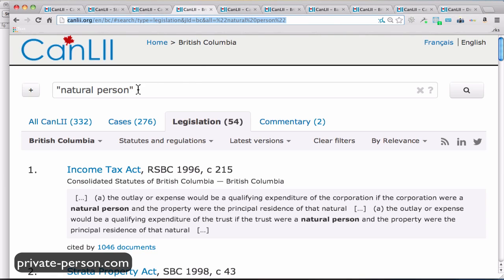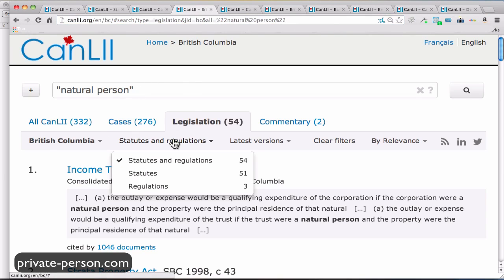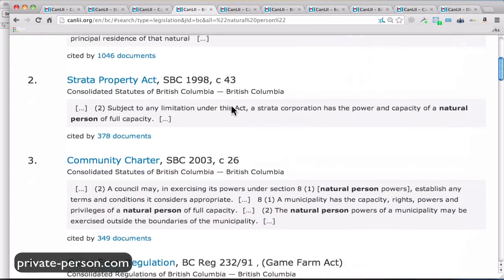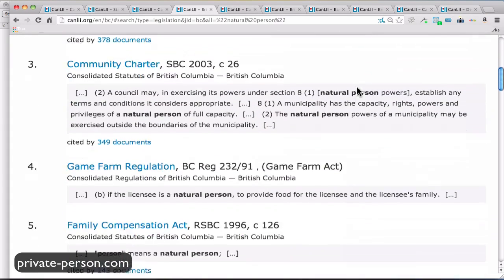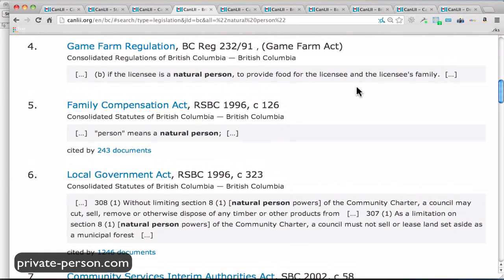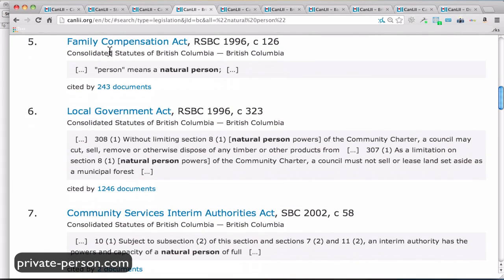Now BC, natural person: it's in 54 total, 51 statutes and 3 regulations it shows up in. See, natural person actually shows up in the BC Income Tax Act, and it has to do with regards to trusts, strata property, giving the capacity of a natural person, Community Charter, natural person powers, game farm regulation, if the licensee is a natural person, Family Compensation Act.